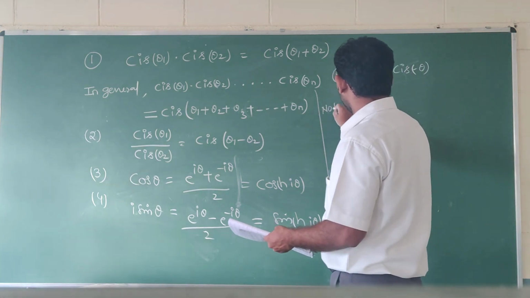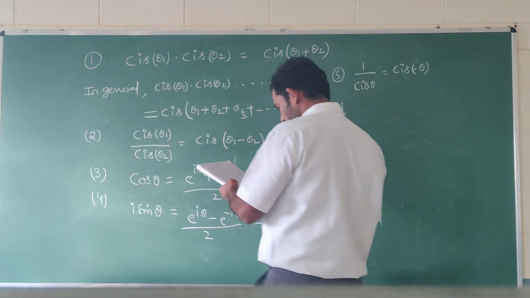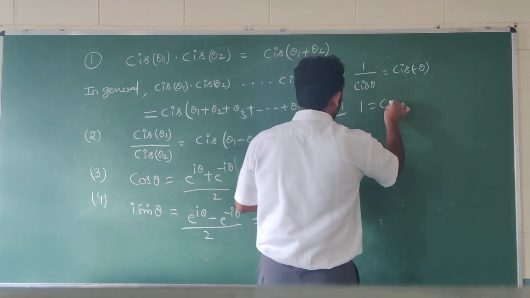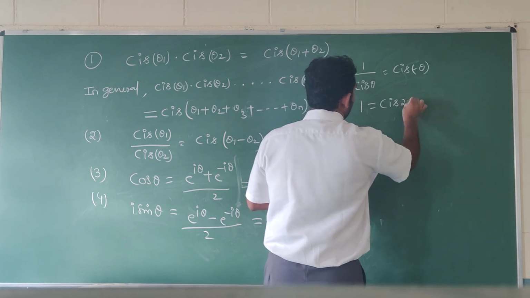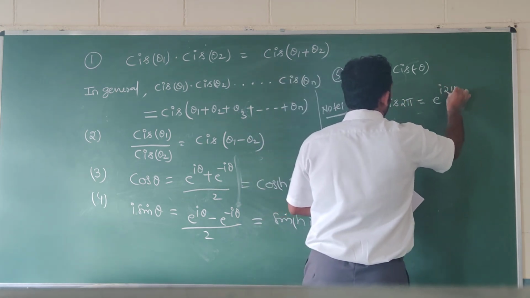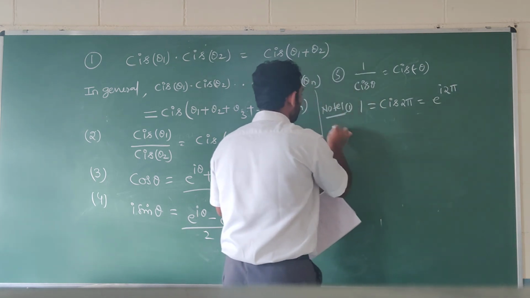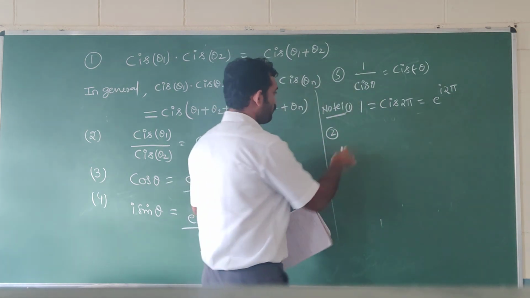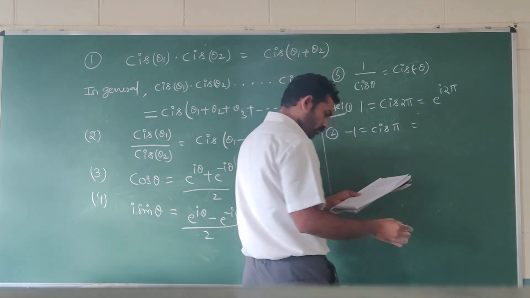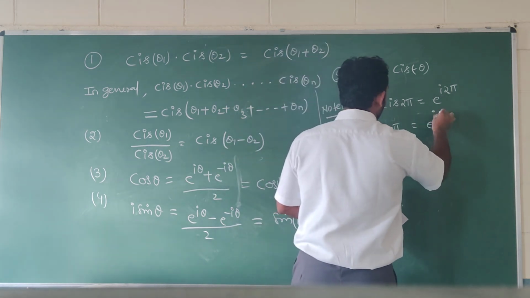Note point 1, cis 2 pi = e^(i 2 pi). Second point, minus 1 = cis pi, which is also e^(i pi).